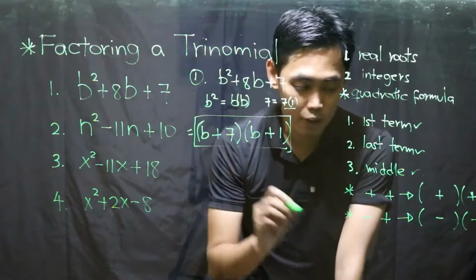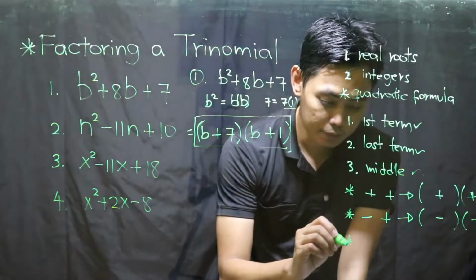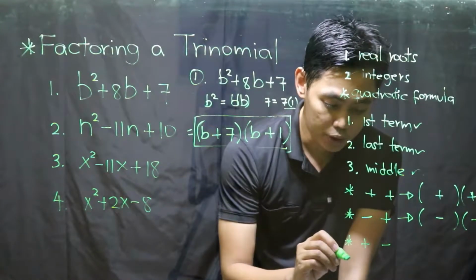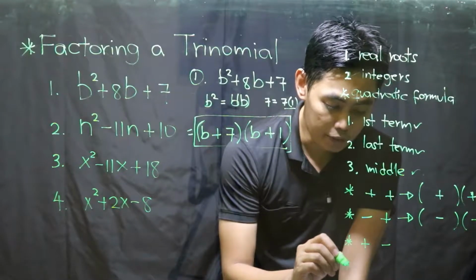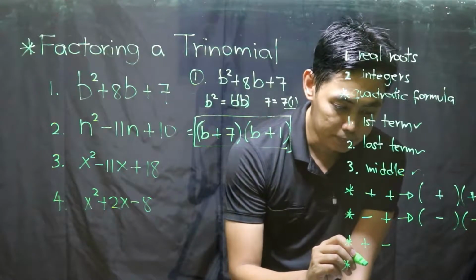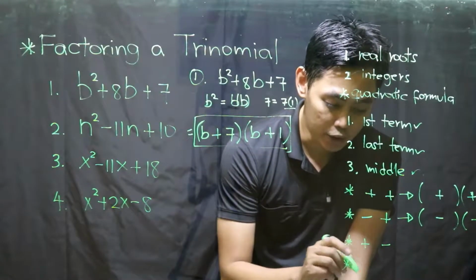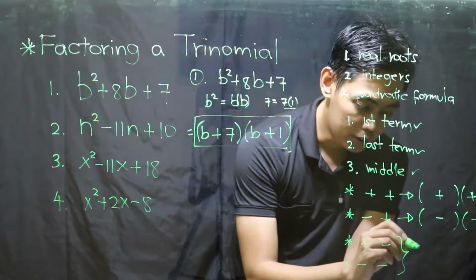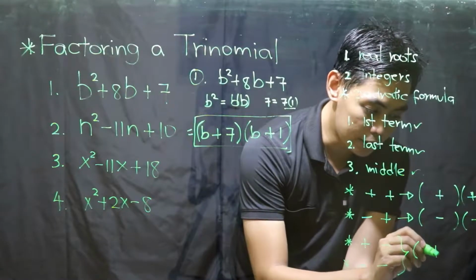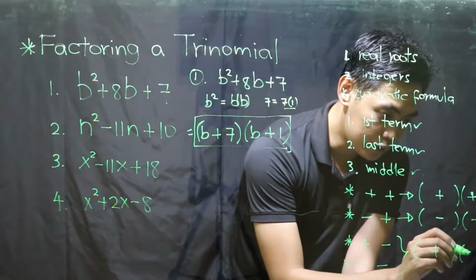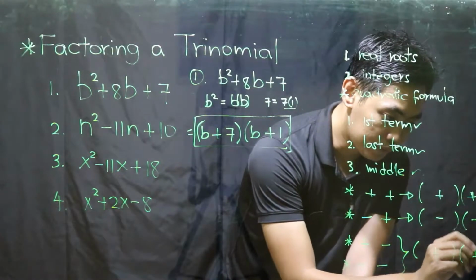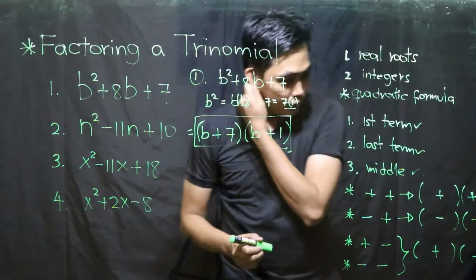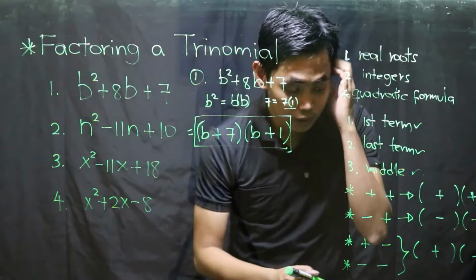But if you have plus then minus, or plus minus or minus minus, the possibility is this is plus and this is minus. Okay? So those are the rules of the signs that you will need to look at.